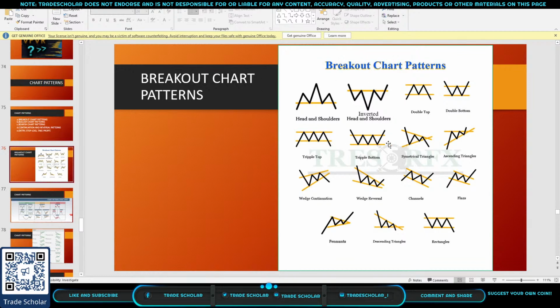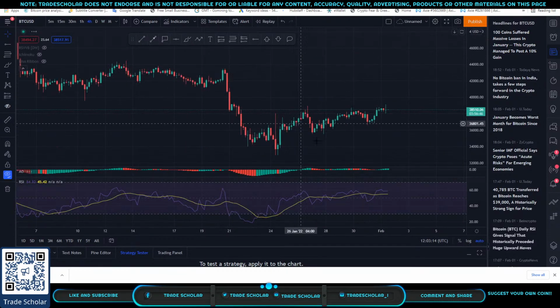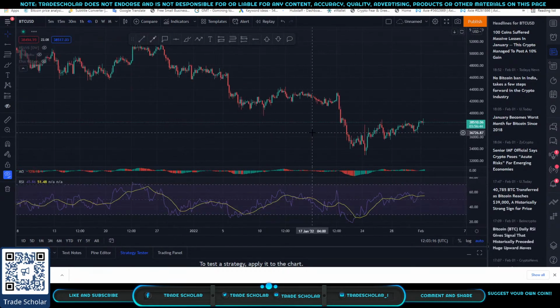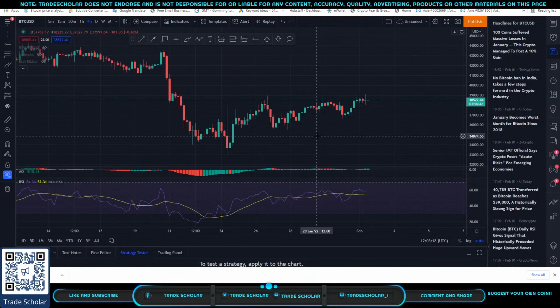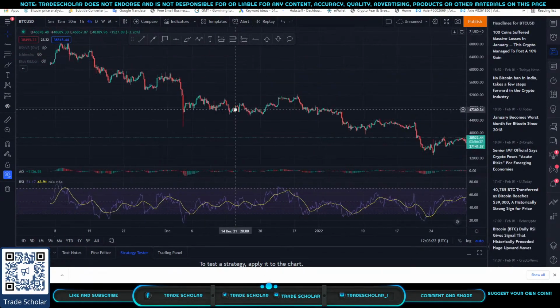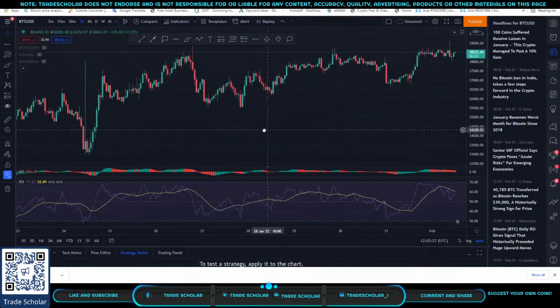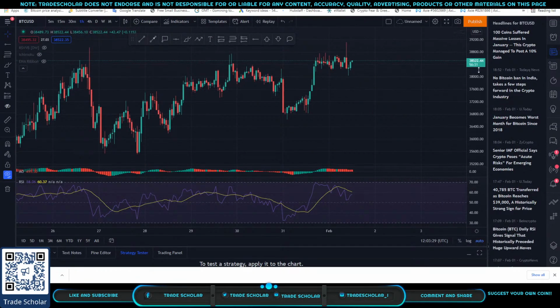So you recognize these breakout patterns once you are always in the market. You can see it easily. You can spot it right away. Once you figure out those patterns, this candle doesn't make sense on its own, but once you know the pattern, you can make money with it.